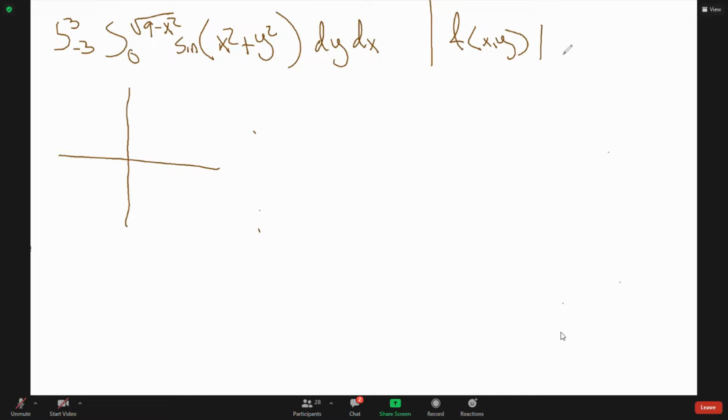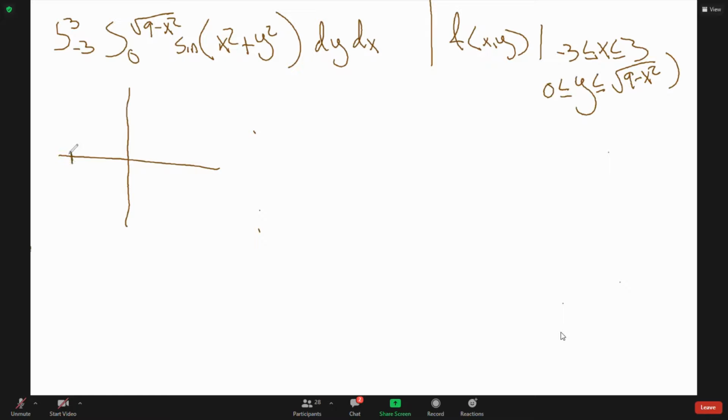Now start drawing that. So x between negative 3 and 3.